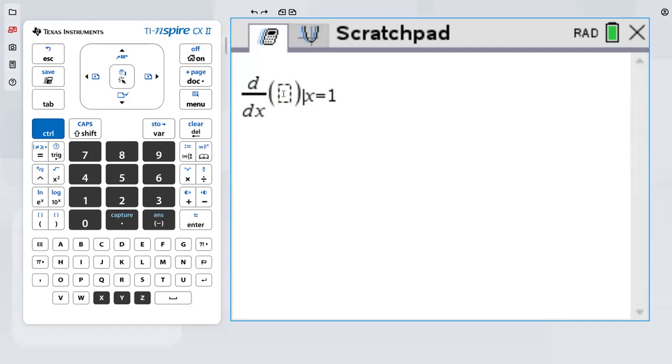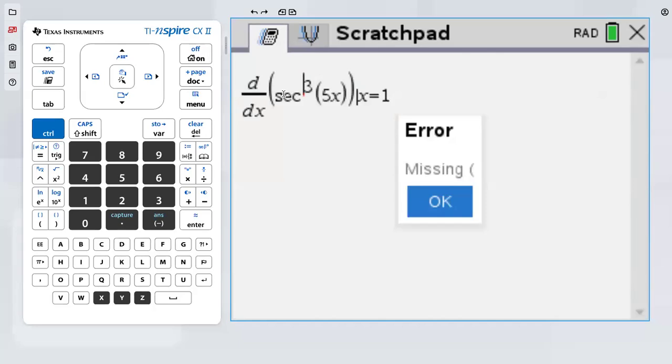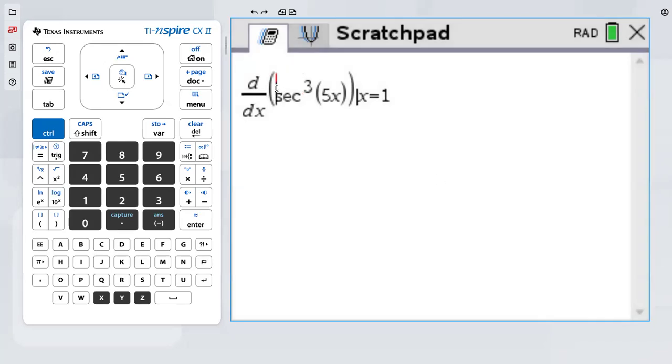If you give secant power 3 of 5x, some calculators have that feature, but sometimes it will show an error, because it won't accept that cube. So in that case, we can just do the alternate step.